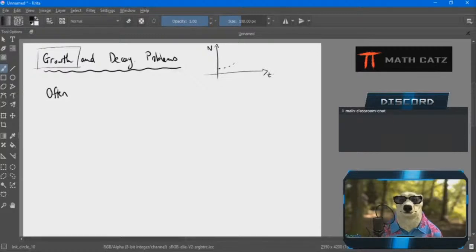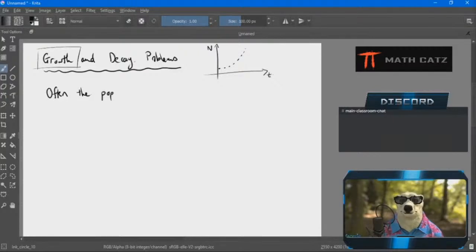And if you track that over time, what people have found is the growth rate, let me write it like this.